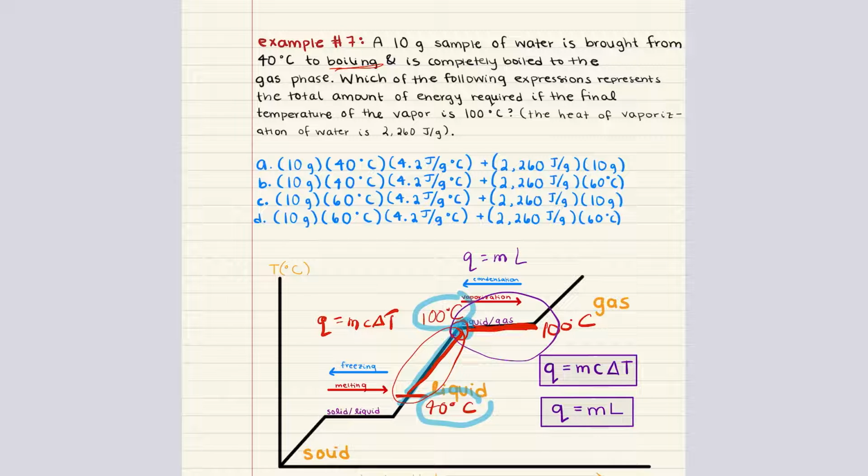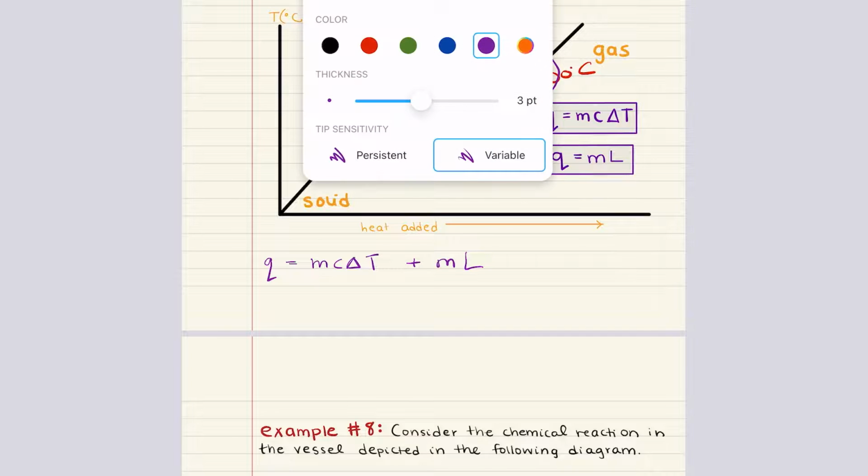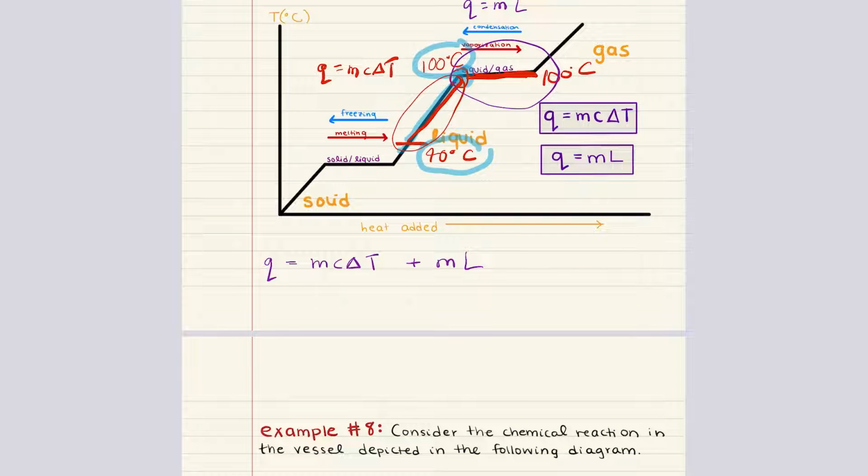Okay, now to describe the total amount of energy for this whole process, we can add these two portions together. And so the total energy change, the total heat change, is going to be equal to mc delta T plus mL. And we're given just enough information to start plugging in values. So the mass here, starting off with this first part, the mass is 10 grams.